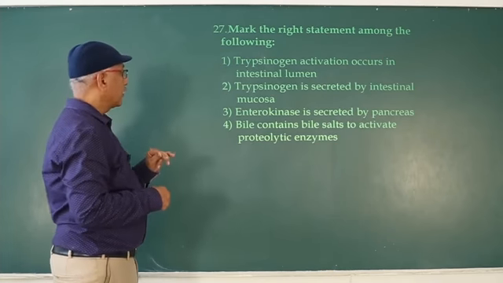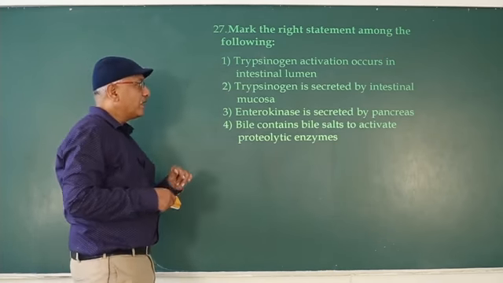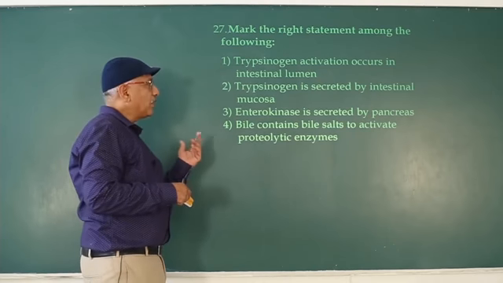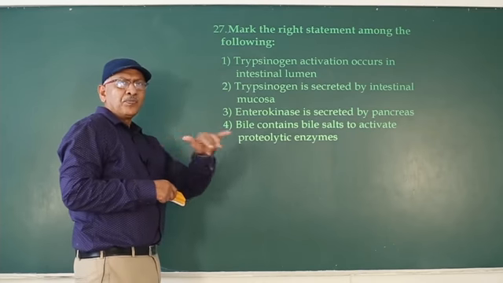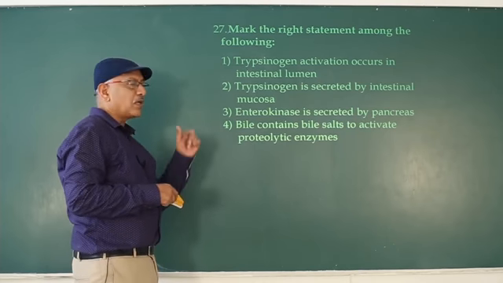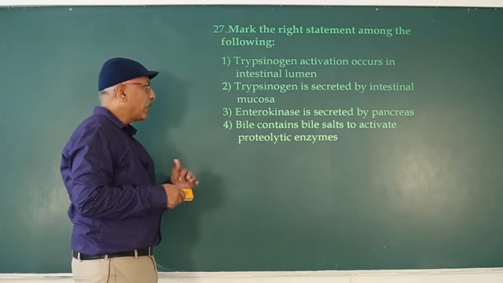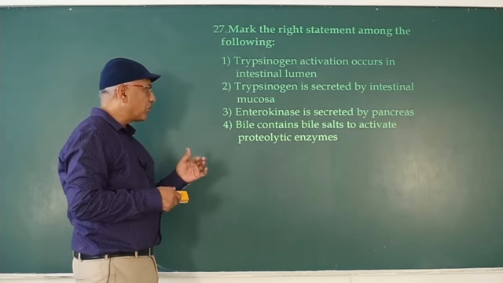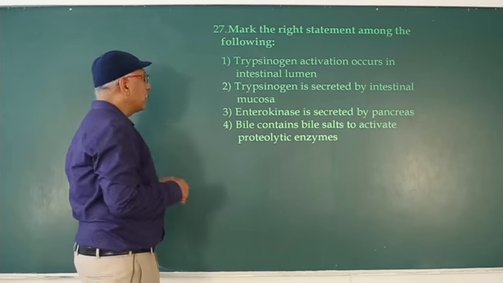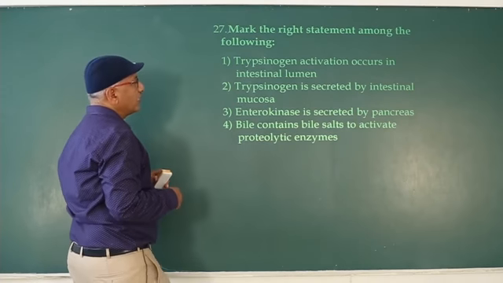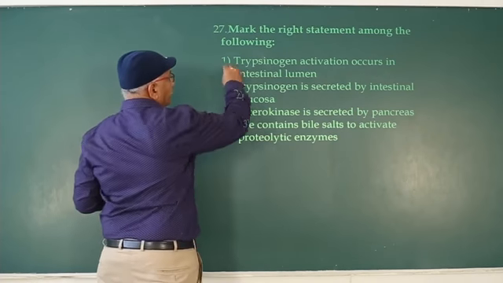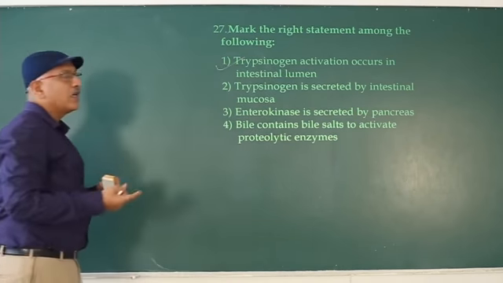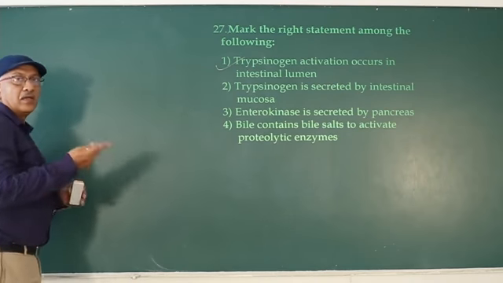So the first one is correct. Enterokinase is secreted by the pancreas, wrong. Enterokinase is present in the intestinal juice, the crypts of Lieberkuhn. Bile contains bile salts to activate proteolytic enzymes, wrong. So the answer is trypsinogen activation occurs in the intestinal lumen, the cavity of the intestine.